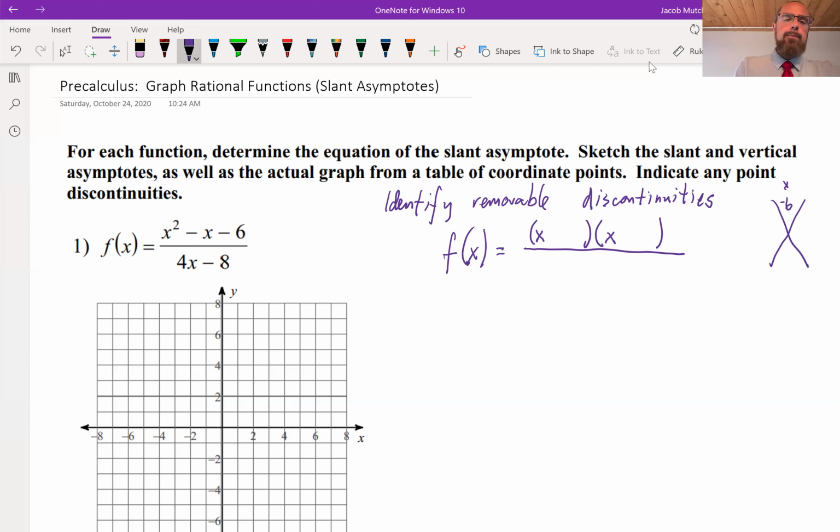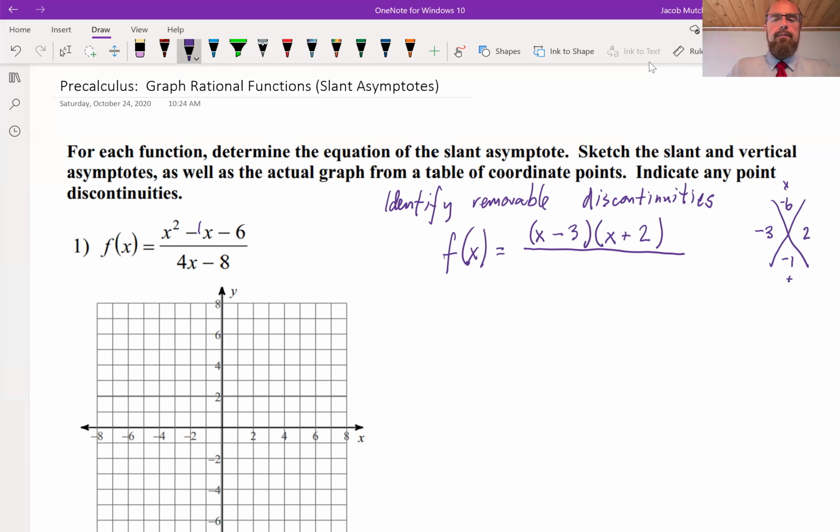I don't see a number there, so I'll supply a 1, so they add up to -1. It turns out that could be -3 and +2. Definitely -3 times +2 is -6, and -3 plus +2 is -1. So that fulfills my two requirements. I'll fill those in, so we've factored that numerator.